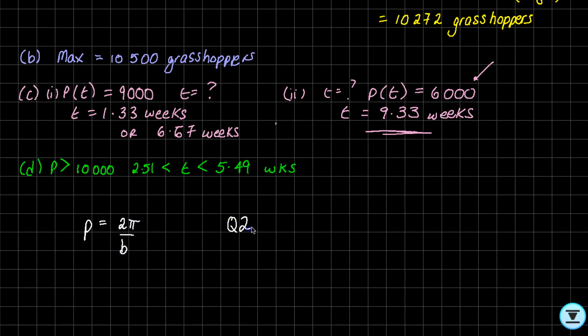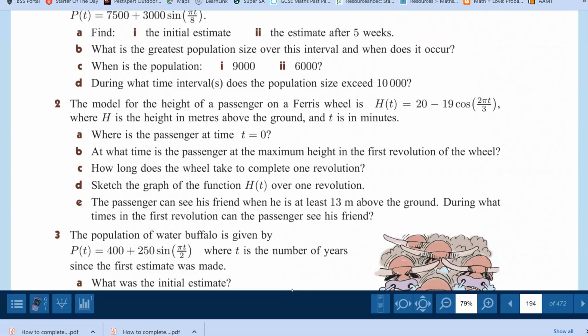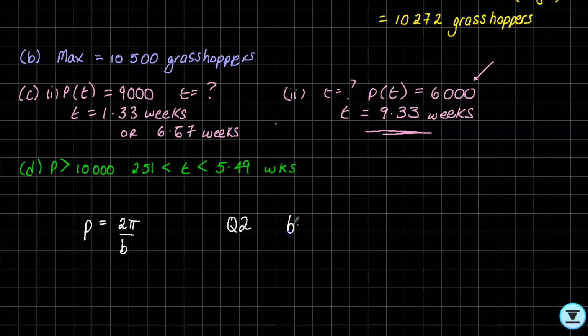So if we look at question 2, what is our b value? So what is the value in front of our x or our t? Looking at question 2, what's the coefficient of t? 2 pi on 3. Yeah, it's not a trick question, it's what you see. So for question 2, b is 2 pi on 3. So we're going to whack that in here. We're going to go period is 2 pi divided by b, which is 2 pi over 2 pi on 3.